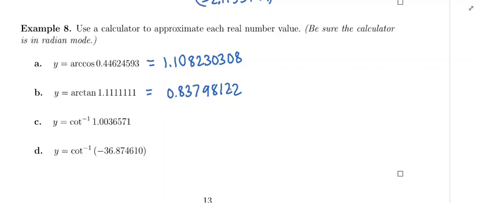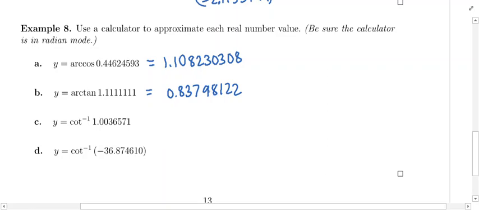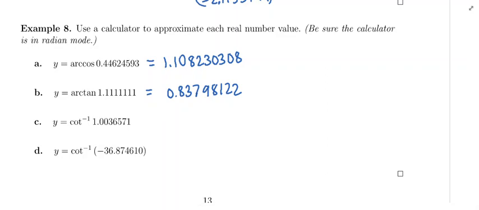It's basically how many radii you're getting, and that's going to make your angle. So this particular measure, 0.837 and so on radians, you're not going quite one radius around the circle, just short of that. Okay, so we did that one.